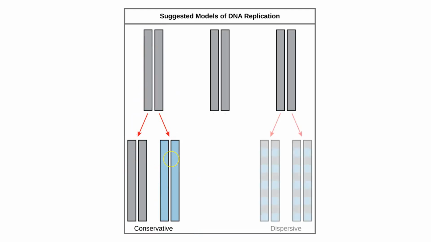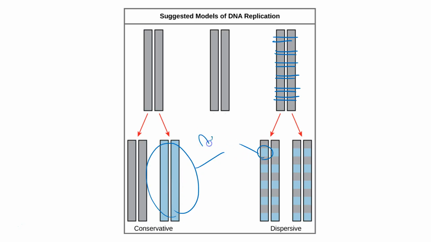Another method thought that perhaps little chunks were replicated at a time and then embedded in there, so there was a dispersal of new versus original DNA. That's what this blue stuff here is trying to represent, newly copied DNA.